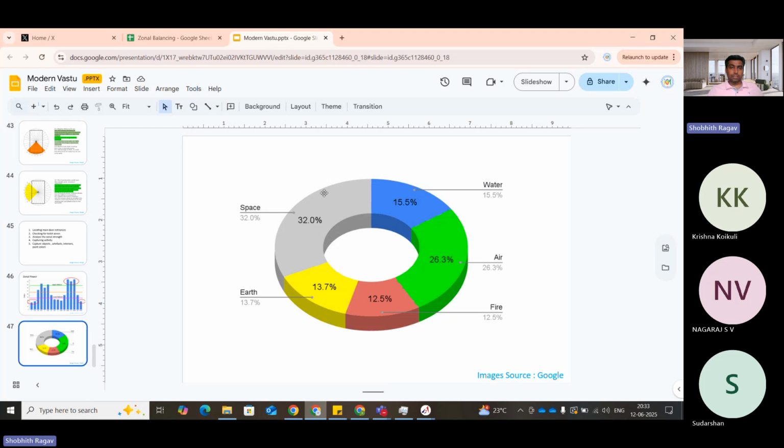If space is in excess, they might have health related issues, thyroid issues or anything related to communication. They might have issues like over stubbornness. So just with the area and elements, we can use this for analysis at a macro level.